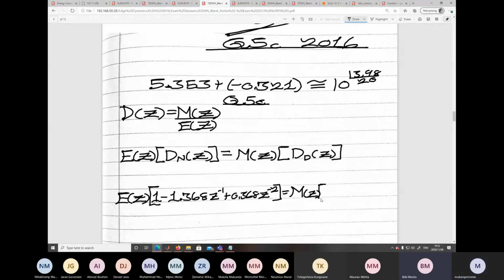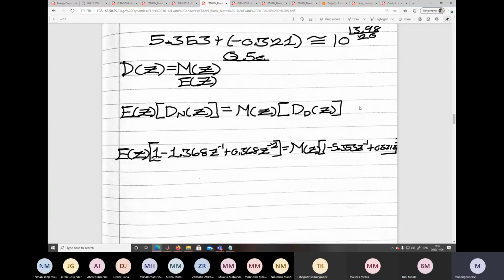Then it's 1 minus 5.353 z to the minus 1, plus 0.3218 z to the minus 2. Cool. Let's take the difference.